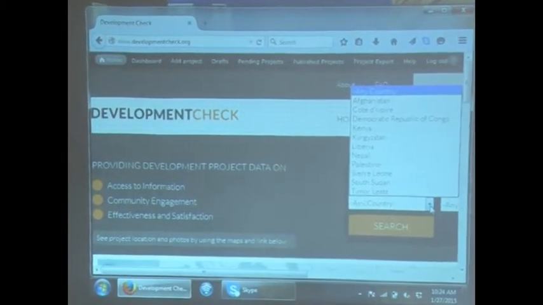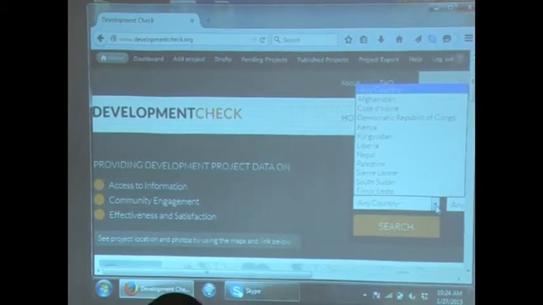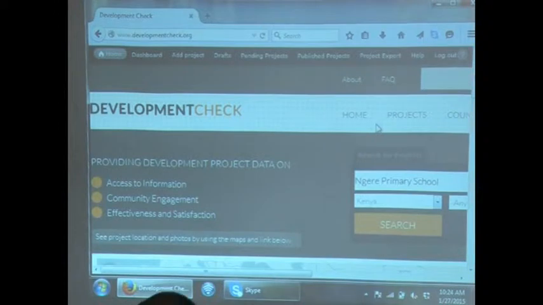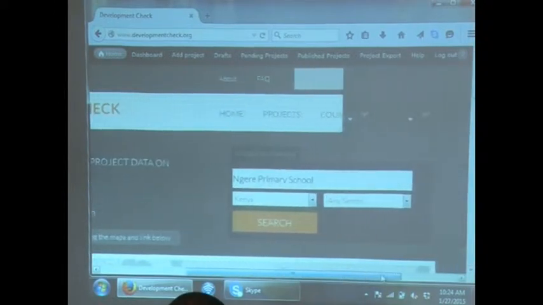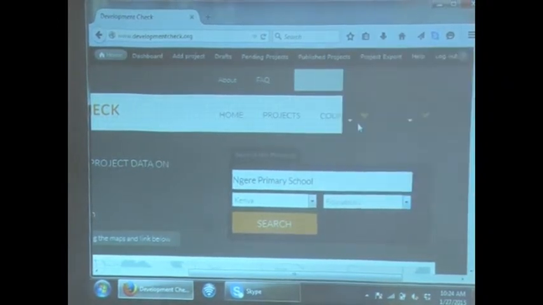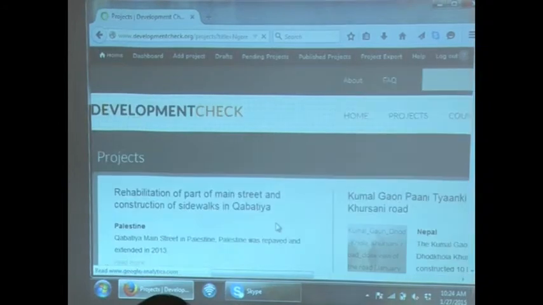We have Cote d'Ivoire, Congo, Afghanistan, Liberia, Nepal, and those others. So Kenya is there, so you select Kenya. Then the sector that the project is in, that is education, and then you search. So it should be able to bring up Ngere Primary School as a project that we monitor.